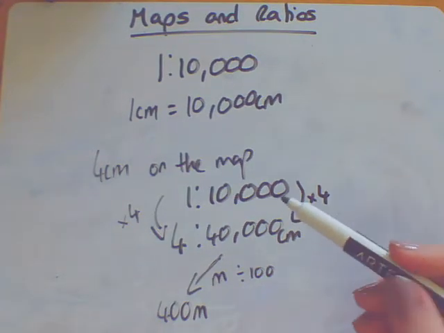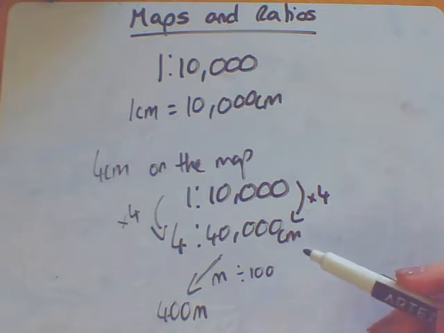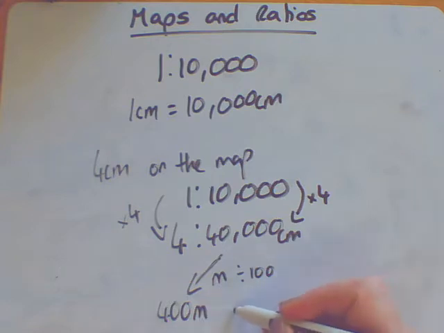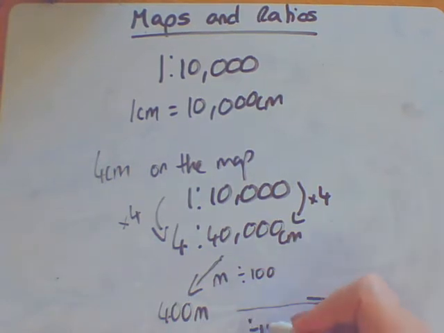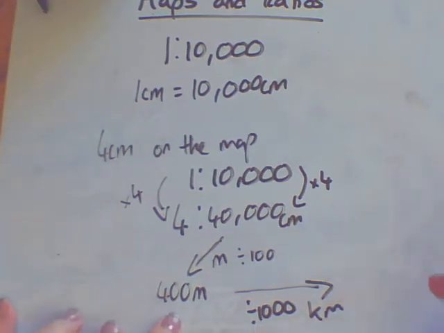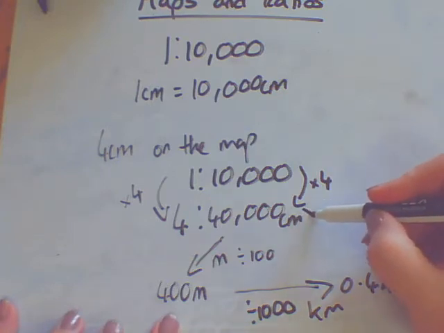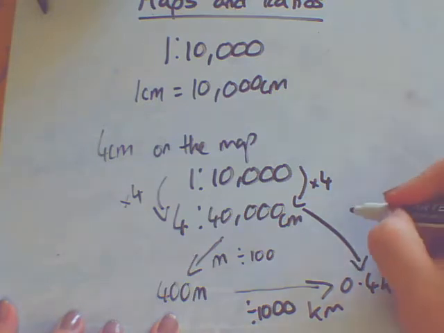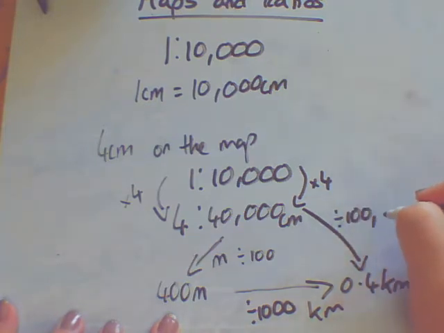I might get asked to turn into kilometres. Okay, now there's two ways I could do this. I could go from metres to kilometres by dividing by 1,000. So 400 divided by 1,000 would make that 0.4 kilometres. Or I could go straight from here to here by dividing by 100,000 in one go.